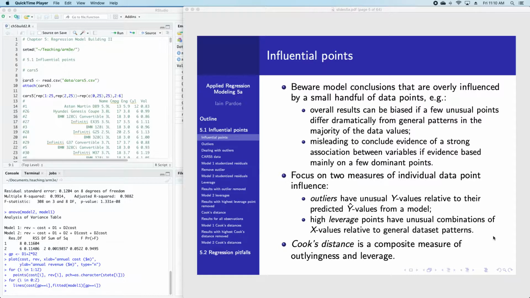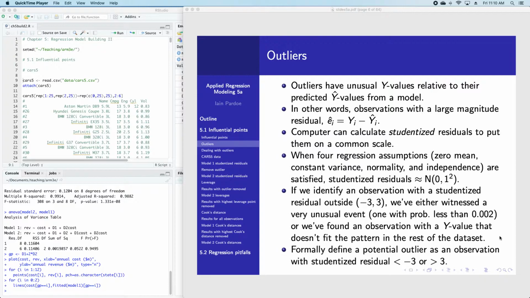So it considers points from the perspective of both, whether they're likely to be outliers or high leverage points. So in this video, I'm going to focus more on outliers. In the next video, I'll talk about leverage, and in the third video in this little sequence, I'll talk about Cook's distance.